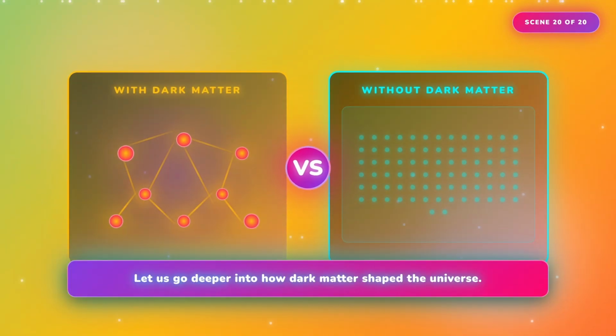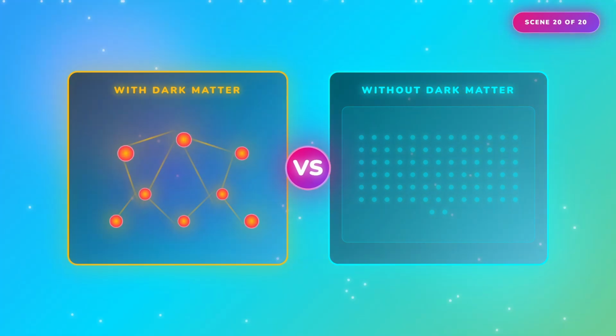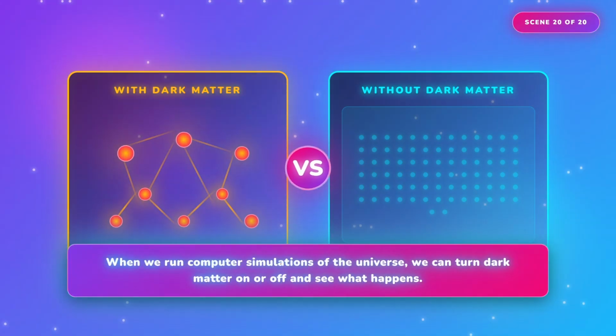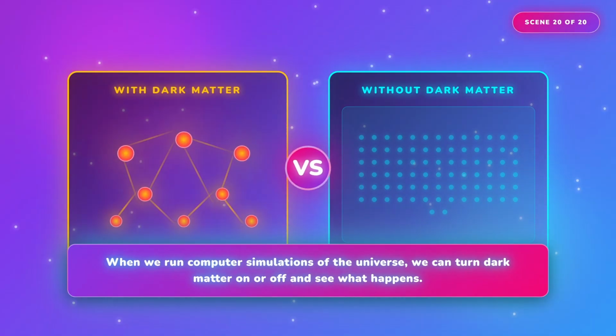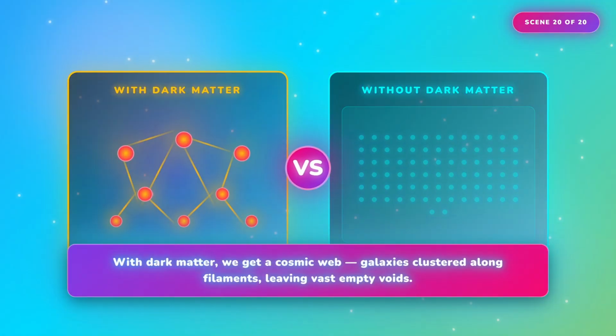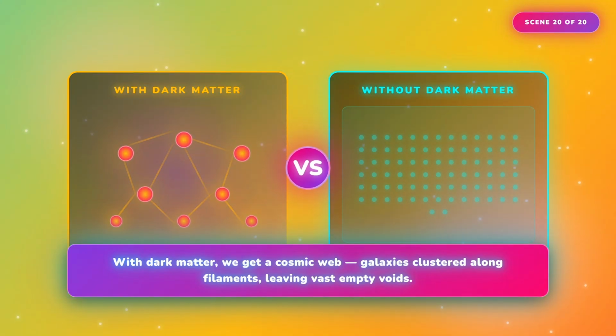Let us go deeper into how dark matter shaped the universe. When we run computer simulations of the universe, we can turn dark matter on or off and see what happens. With dark matter, we get a cosmic web, galaxies clustered along filaments, leaving vast empty voids.